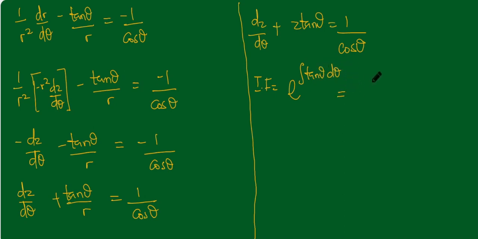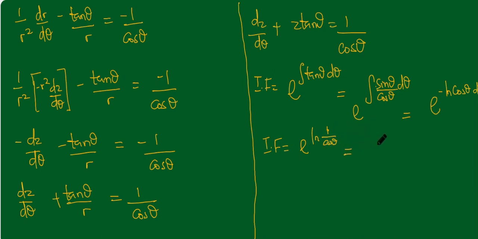So this becomes e raised to the power of integral of sin theta divided by cos theta d theta. So on evaluating this, we have e raised to power minus ln cos theta. So we have our integrating factor to be equal to e raised to power ln 1 over cos theta, and that's equal to 1 over cos theta, which is equal to sec theta.